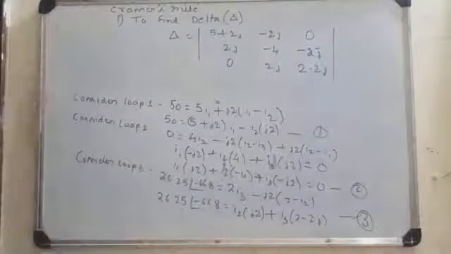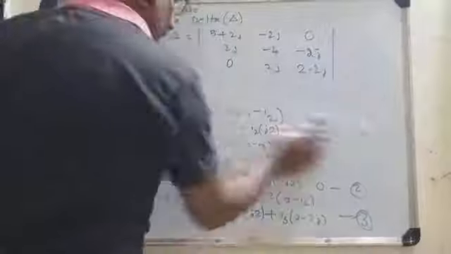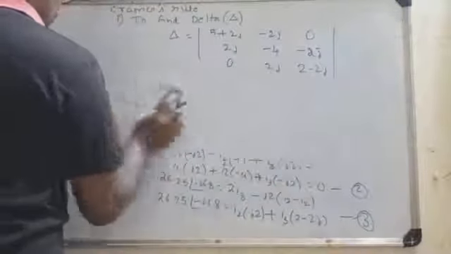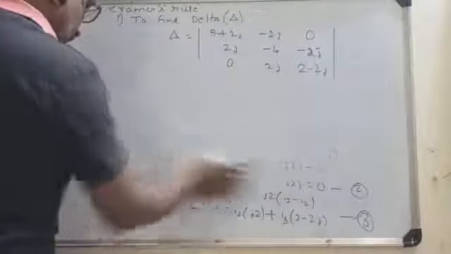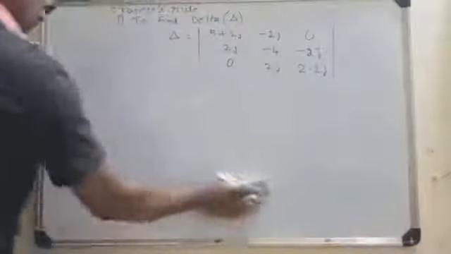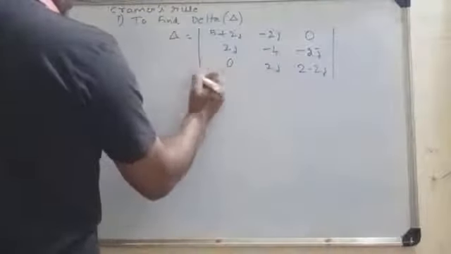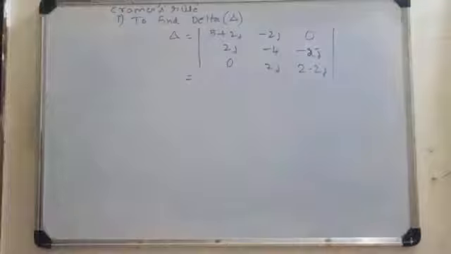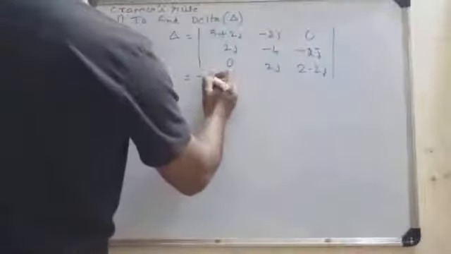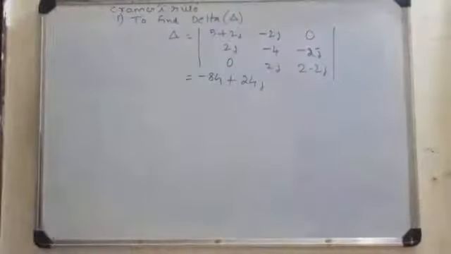For this we have to find out the determinant. Hope all of you know how to find the determinant. So this determinant will be minus 84 plus 24j.